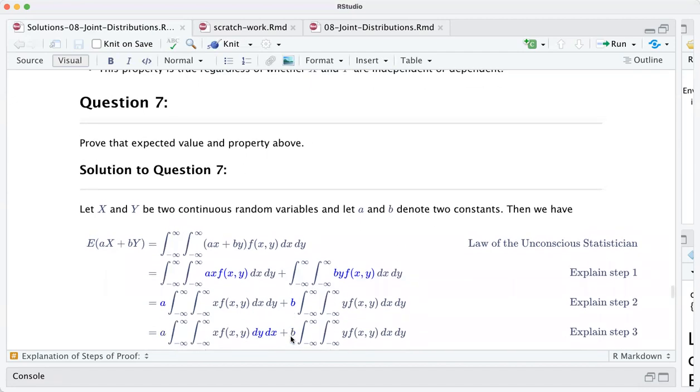Next, I'm going to do something a little slick, and that is for this first integral, I'm going to reverse the order of integration. So whether I integrate with respect to x first and then y, I'm going to get the same thing as if I integrate first with respect to y and then x, right? As long as I adjust my limits on the integral accordingly.